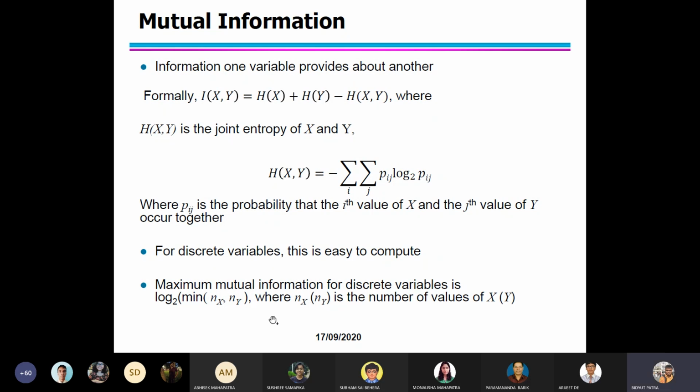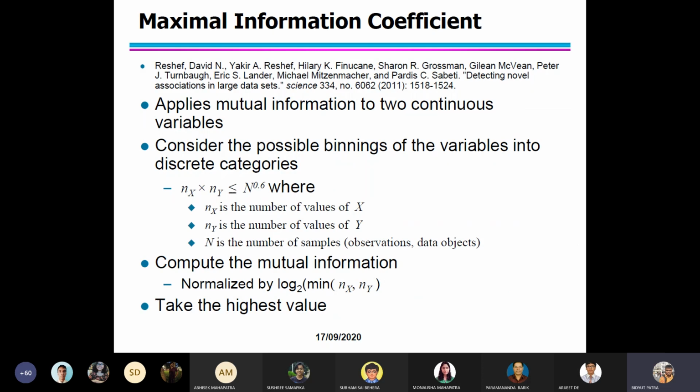The maximum is the log of the minimum of nx and ny. So this cannot be lesser than 0. The question is, can it be negative? So you check it out.